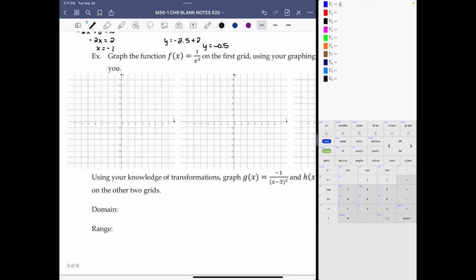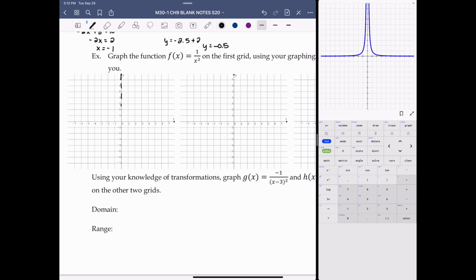One divided by x squared graph. Notice that the rational functions that we graphed previously had linear relations on the bottom, and this one has a quadratic on the bottom. So we get this graph here. We still have our non-permissible value at x equals 0, so we've still got a vertical asymptote at x equals 0.